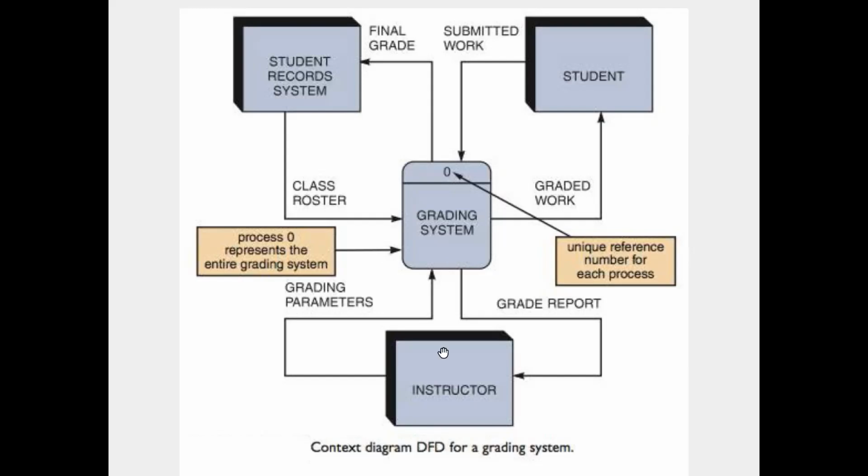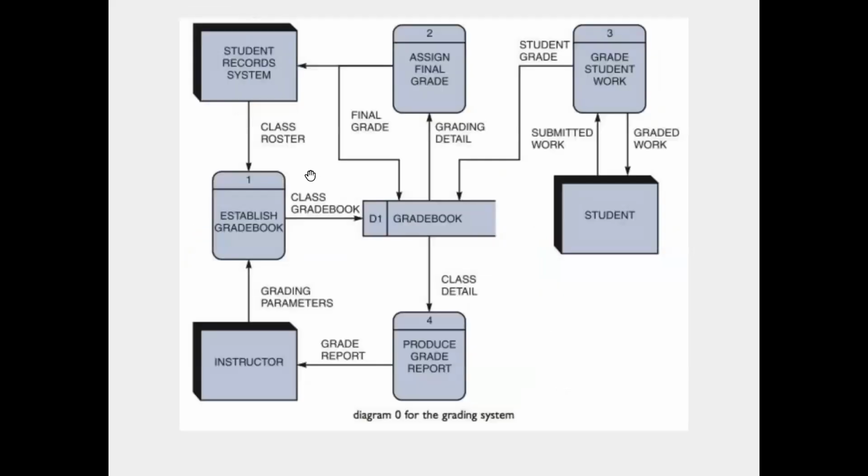So let's go into details of the system. You can see now the grading system has 4 internal processes: 1, 2, 3, and 4. So this is the detail of the grading system.